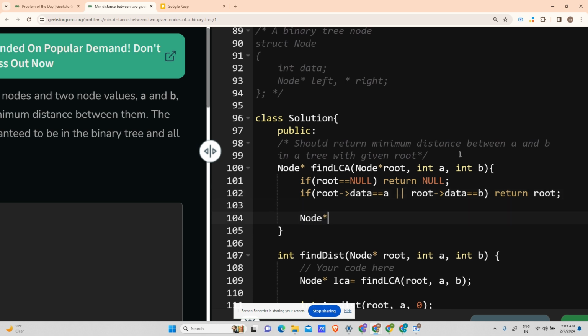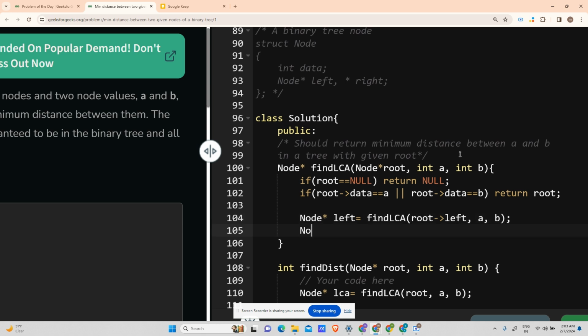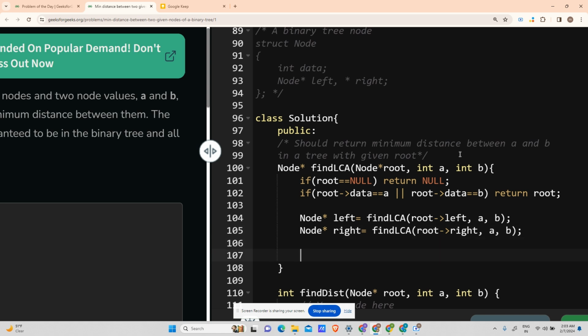Now my node star left equals findLCA for root's left with these values, and my node star right equals findLCA for root's right.